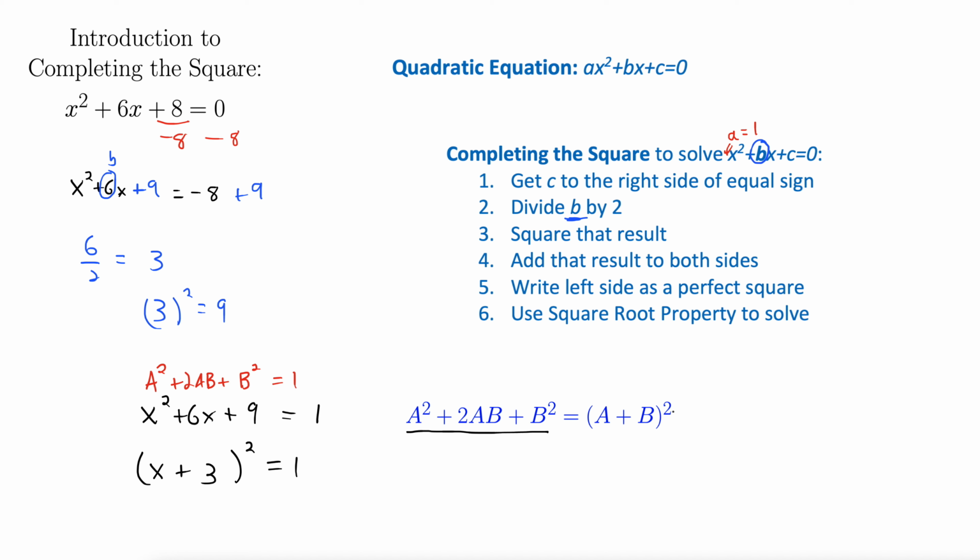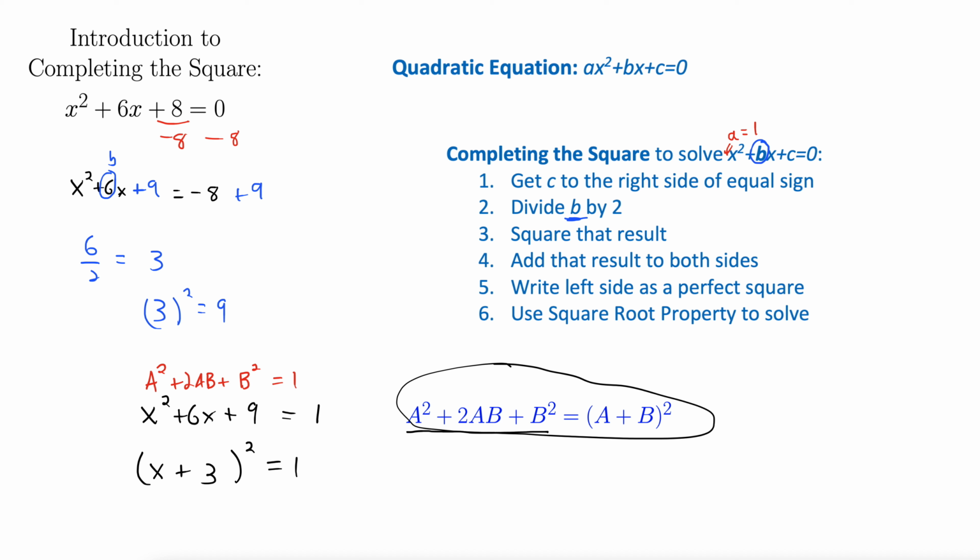I'm using this equation over here to get that, but really, in practice, you essentially take the square root of your first term here, and then the square root of the last term. So the square root of the first term goes in the first slot, the square root of the last term goes in the second slot. That gives us x plus 3 quantity squared equals 1.